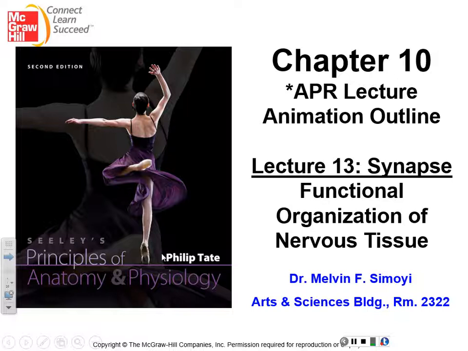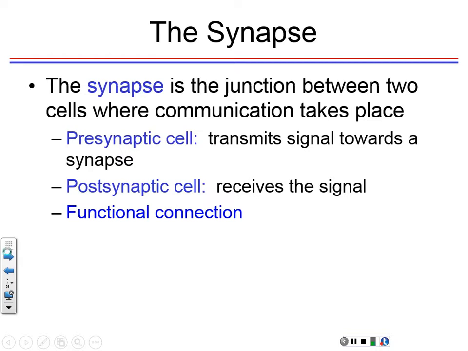So synapse, we have already talked about it when we talked about muscles, that the neuron doesn't actually touch the muscle cell, right? There's actually a gap between the two, and the connection is purely functional, in that the neuron can influence what's happening in the next cell, right? So that's what we'll do today.